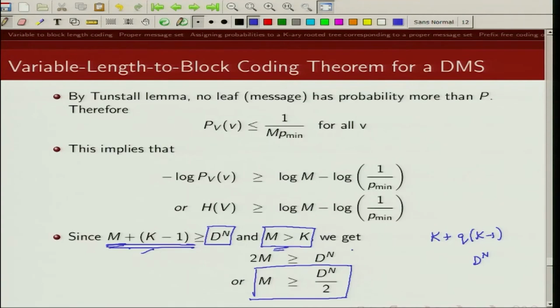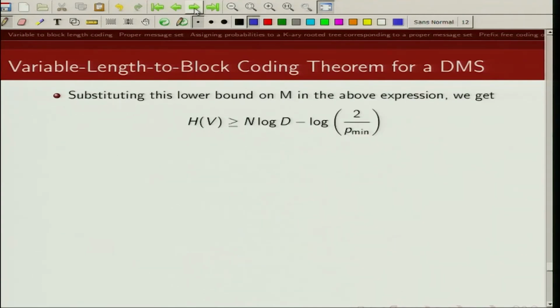Now I plug this one in here. So if I plug this one in here, what I get is that this leaf entropy is lower bounded by this quantity.